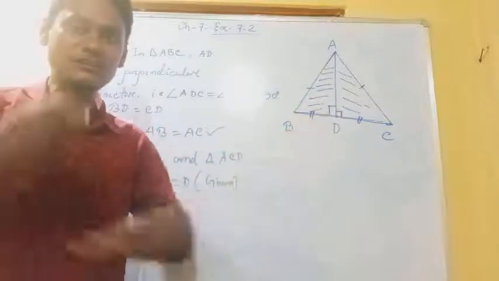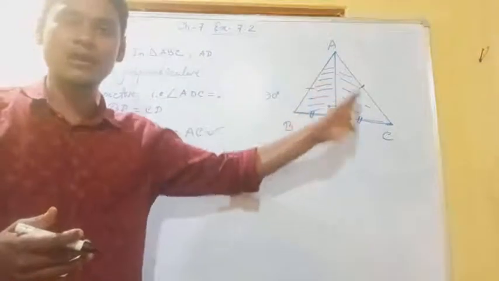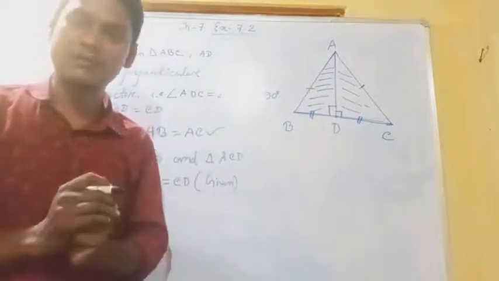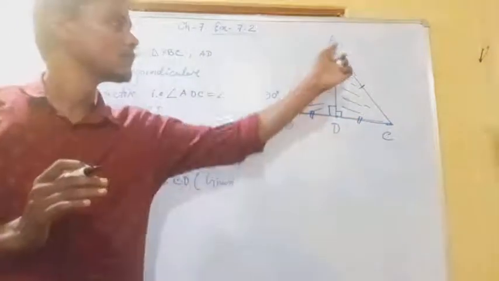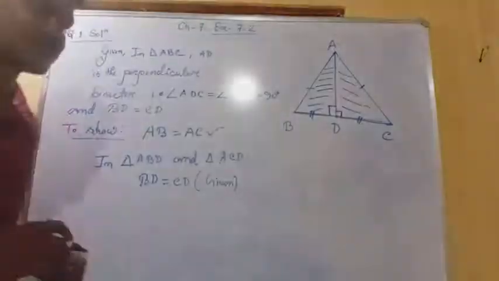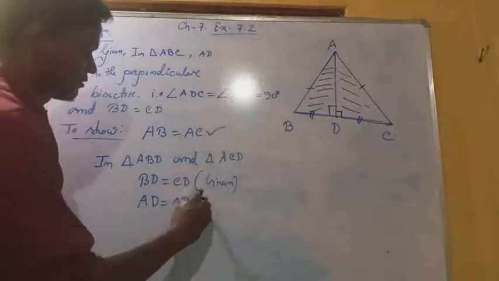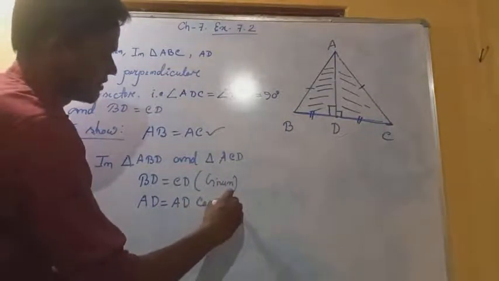As soon as a common line, common angle or common side comes out, you just keep it in your mind. So here in this case AD is common, that should be marked straight away. So here AD is equal to AD, common.